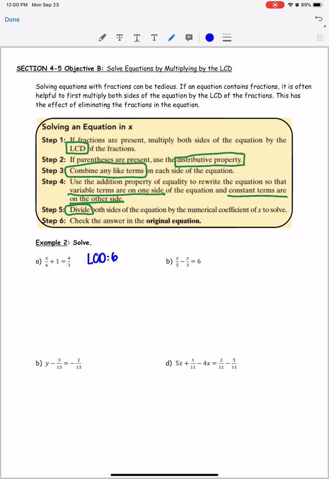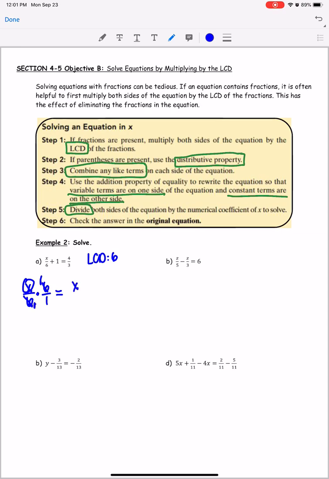But on this first one, you have x over 6, and now I need to times this by 6. And if you want to, you can put this over 1. So when you multiply, your 6's cancel. So when you multiply straight across, you have 6 times essentially a 1.